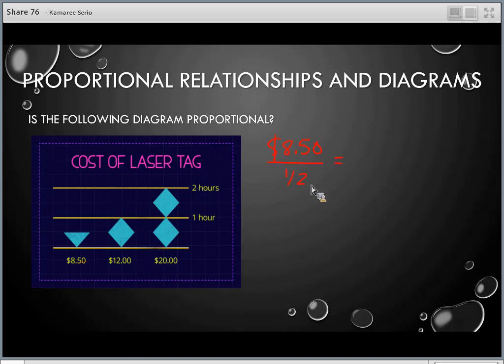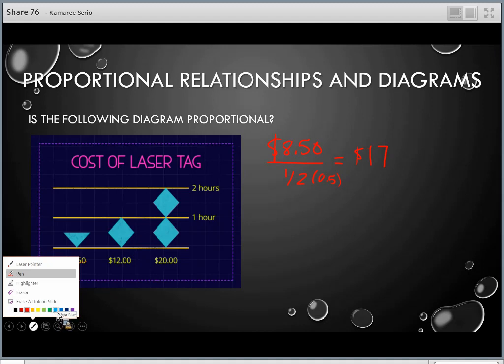Okay. Now, when you're doing 8.50 divided by 1/2, 1/2 as a decimal is 0.5. Okay, so you can type this into your calculator as 8.5 divided by 0.5. And when you do this, you get 17. Okay, so this tells me that I'm paying $17 for 1 hour if I pay for each half an hour.